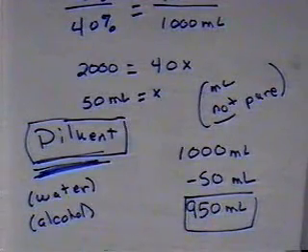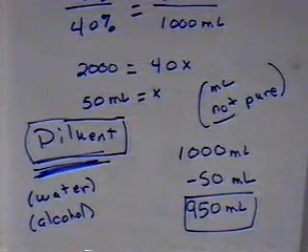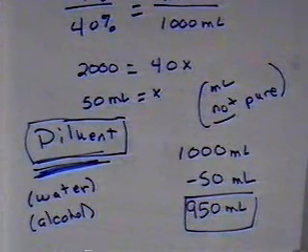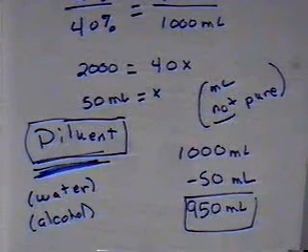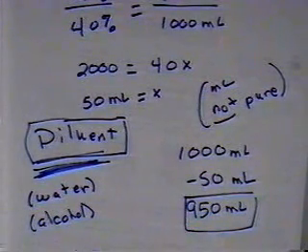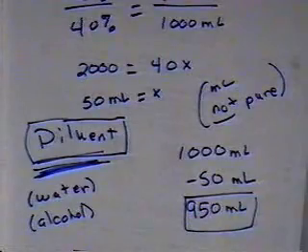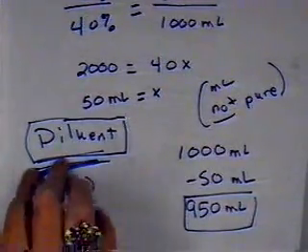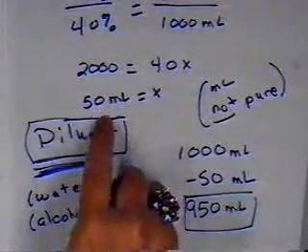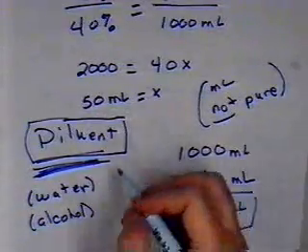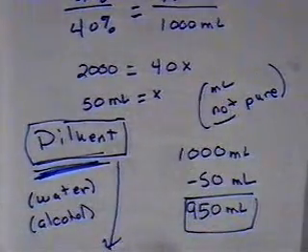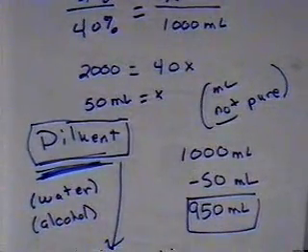Because what you're going to do is measure out 50 milliliters. You're going to add 950 milliliters of water until it is now diluted, and you have 1,000 milliliters. Whenever they ask for diluent, you take milliliter minus milliliter.